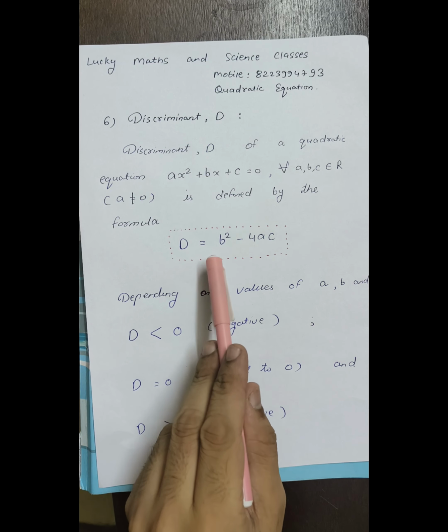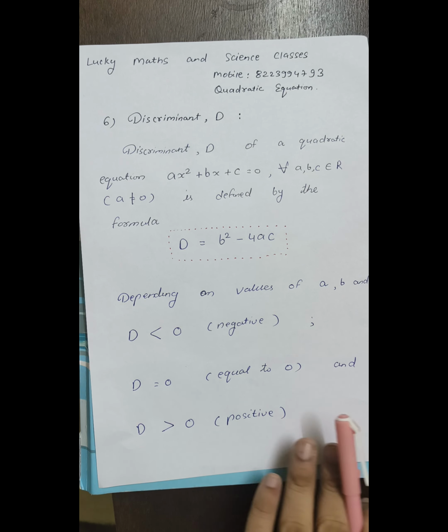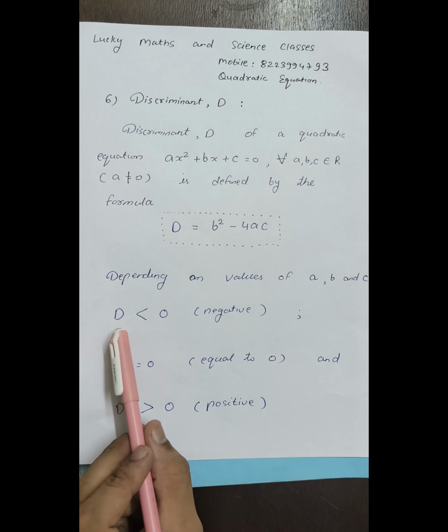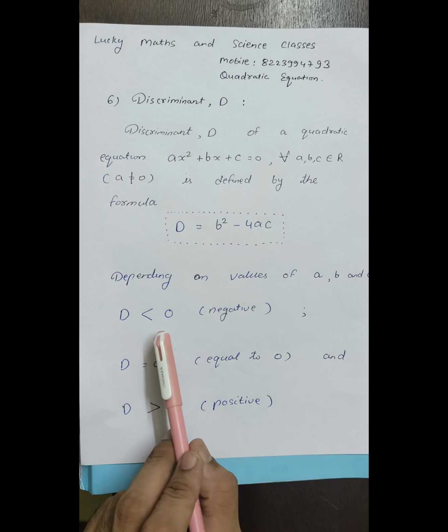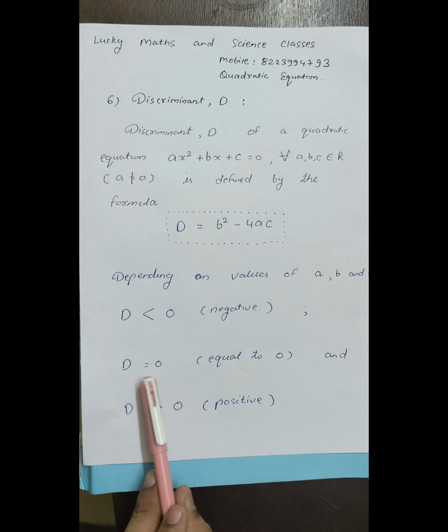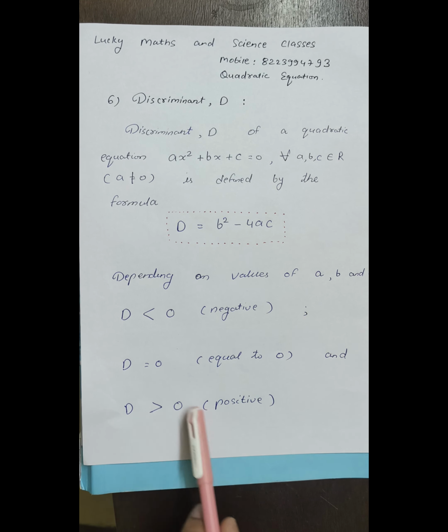Means we are giving the element b square minus 4ac a new term, that is discriminant. Capital D is equal to b square minus 4ac. Now, sometimes D will be negative, sometimes D will be equal to 0, sometimes D will be more than 0.